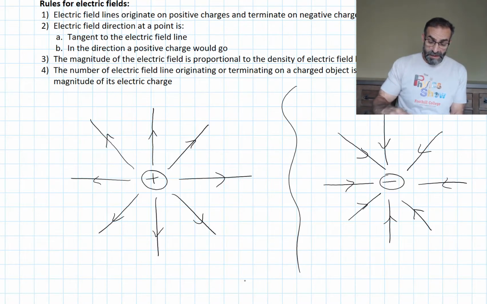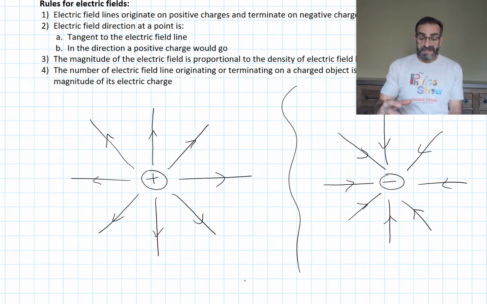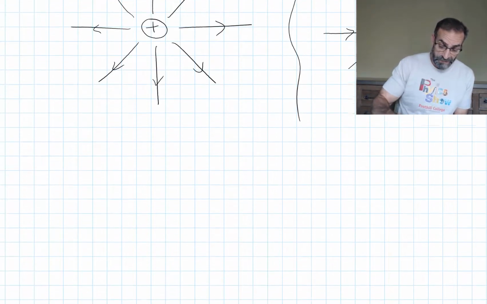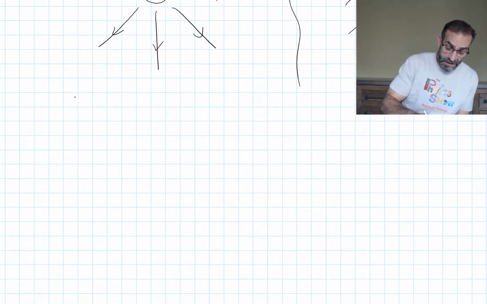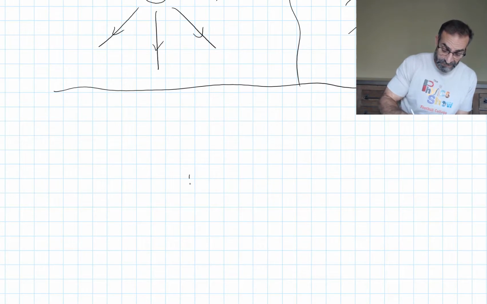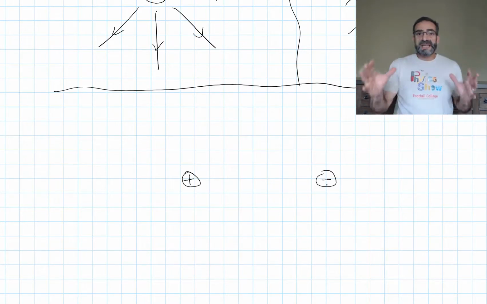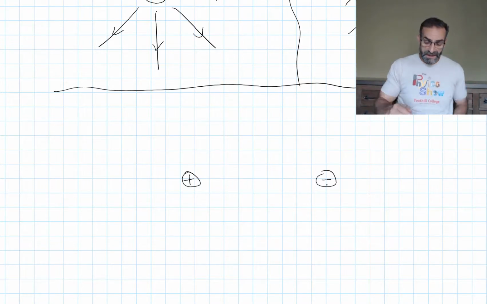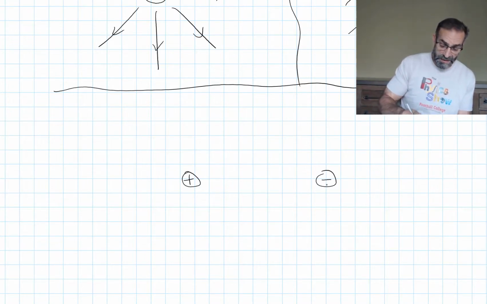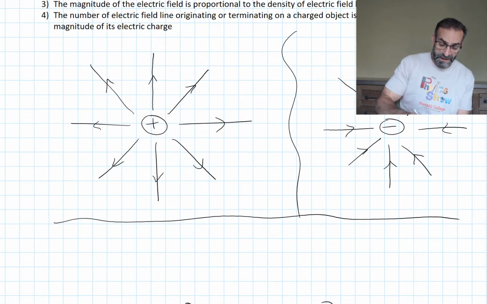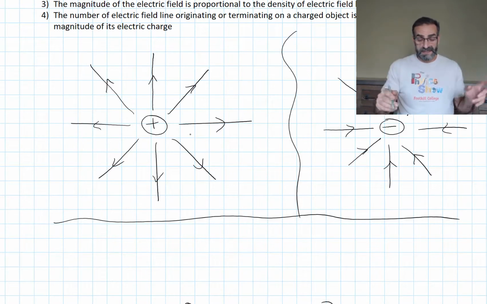Now let's put a positive charge and a negative charge together. If we had a positive charge and a negative charge sitting in the same region of space, the electric field line would come out of the positive charge. Instead of coming out straight in all directions, as we're seeing in this picture, it would be influenced by the negative charge.